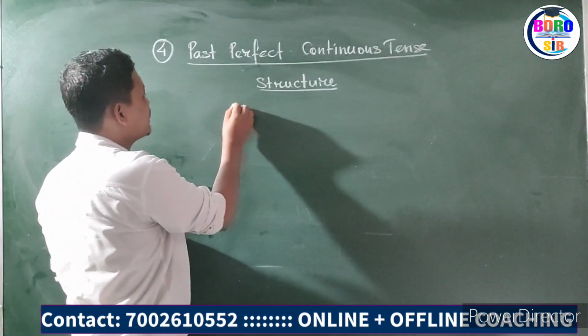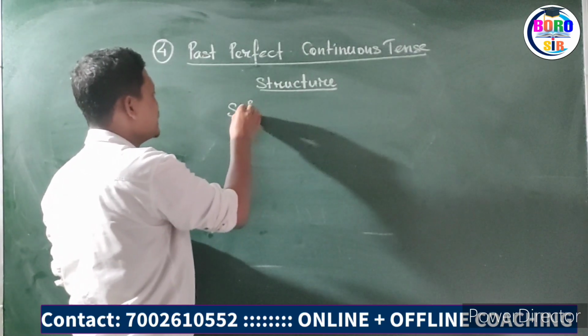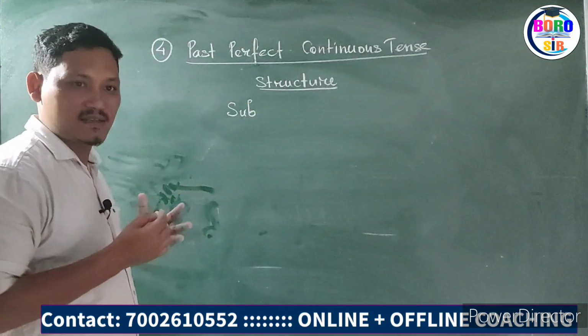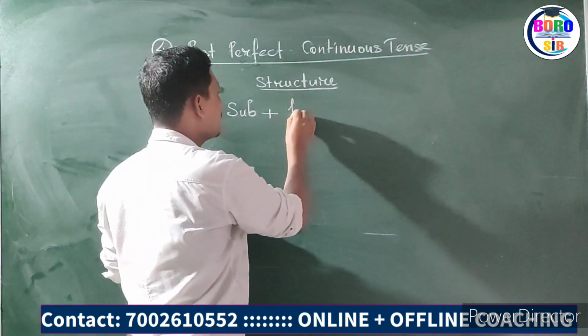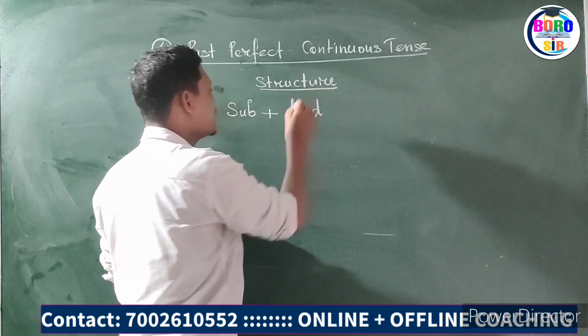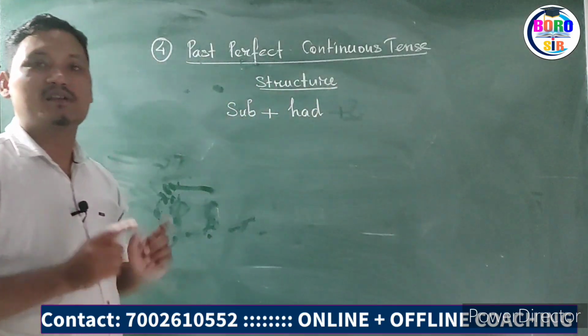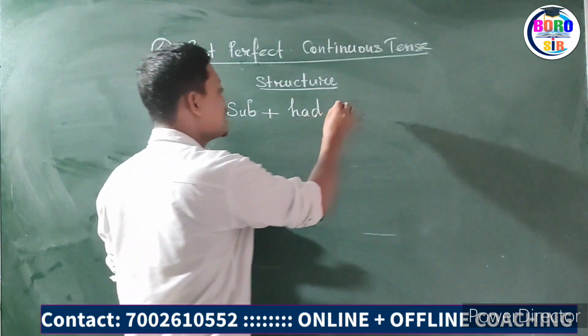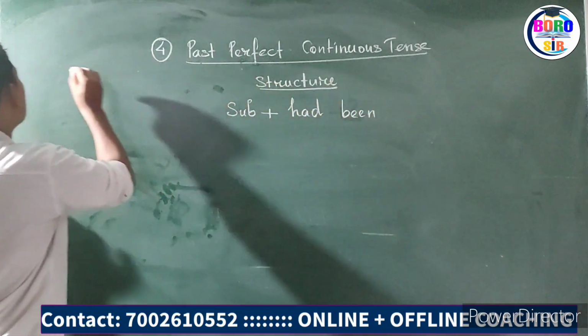As you know that in English, a sentence always starts with what? Subject. We know that in past perfect we always use what auxiliary verb? Had. Past participle form of the be verb, which is been, right? Let me tell you.